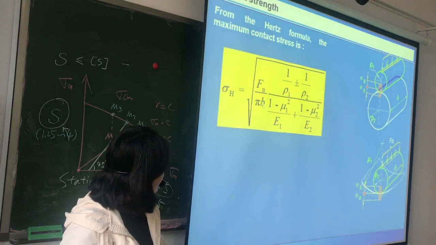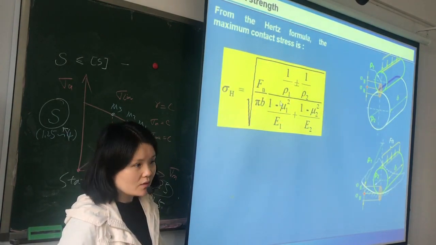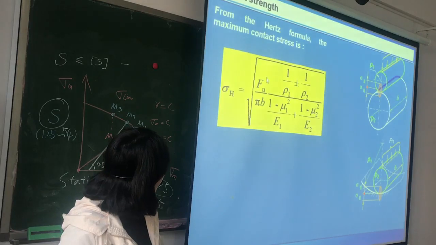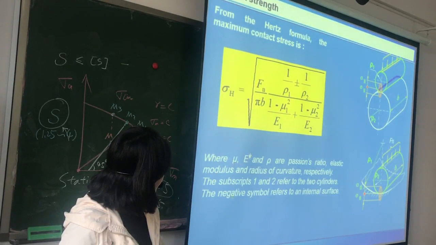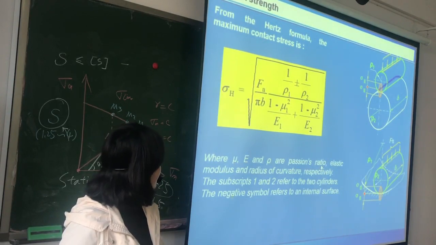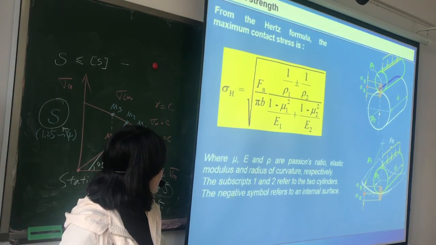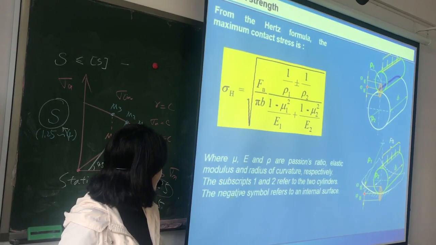the contact stress. Use this equation to calculate the contact stress, where mu, E, and rho are Poisson's ratio, elastic modulus, and the radius of curvature respectively, and subscripts 1 and 2 refer to the two cylinders, and the negative symbol refers to an interior surface, and the positive symbol refers to an exterior surface.